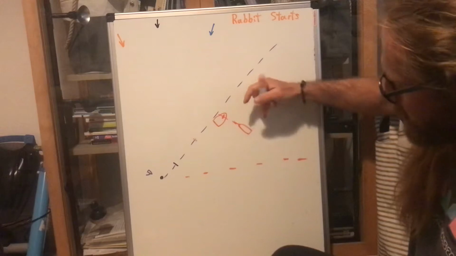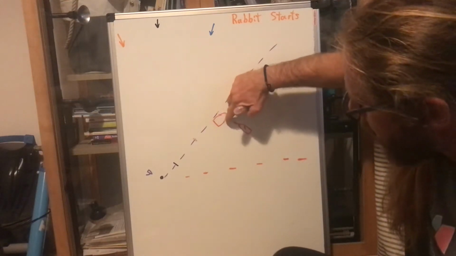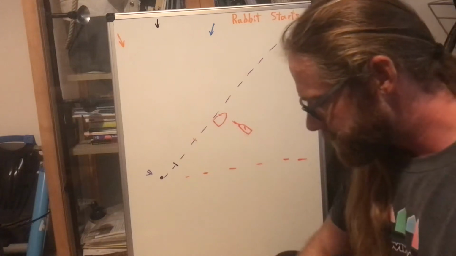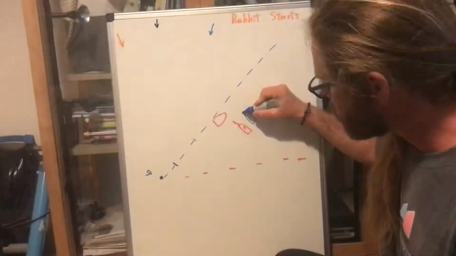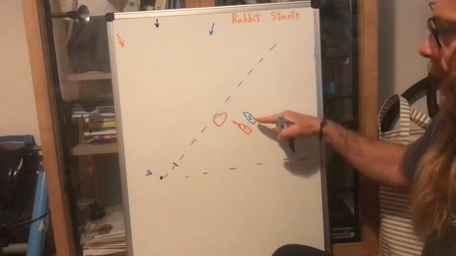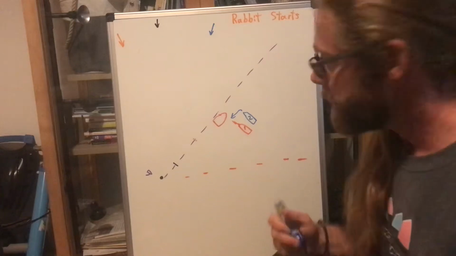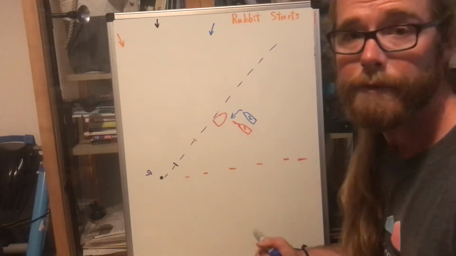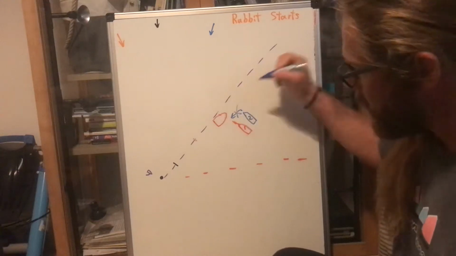So this boat number 1 has timed it perfectly to duck the rabbit. This boat up here, number 2, is not allowed to bear off and call for room. That would be like trying to call for room at the committee end of a start line. So this is not allowed.